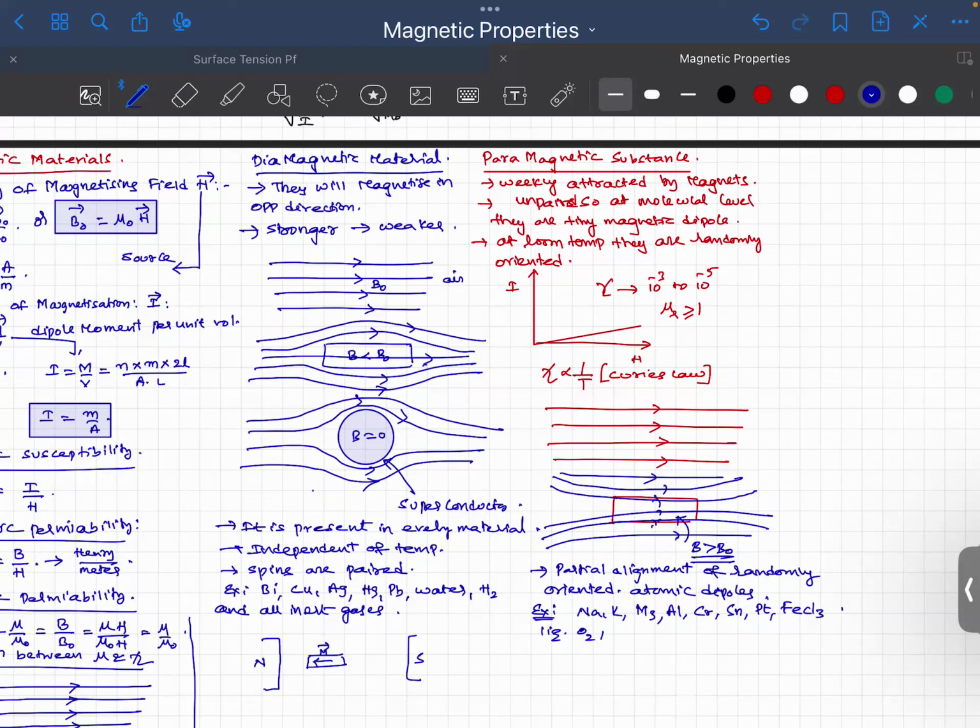Unpaired electrons will be there here. So by default, every molecule or atomic state itself is a dipole. But the problem is that these dipole moments are oriented in random directions in the entire specimen.